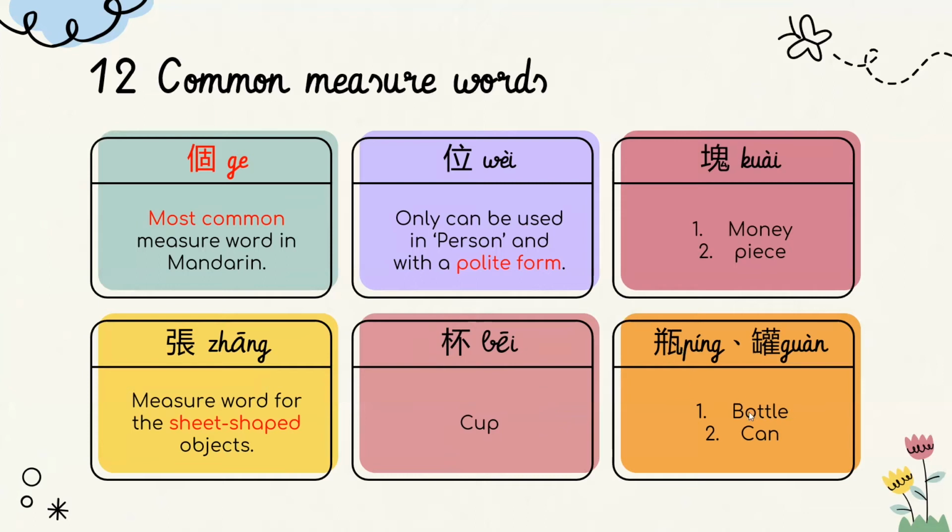And then 瓶 and 罐, generally we use for containers, right? 瓶 is bottle, 罐 is can. A bottle of cola, 一瓶 cola. One can of cola, 一罐 cola. 一瓶, 一罐.